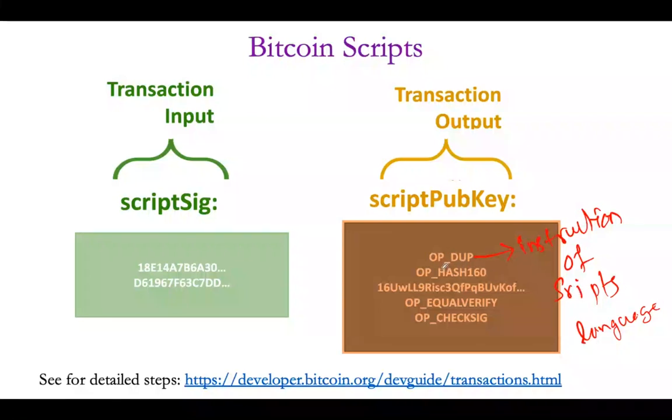When this instruction is issued, it duplicates the top of the stack. And if you have the instruction OP_CHECKSIG, it takes a public key and signature and validates the signature of the hash of the transaction. If it matches, then true is pushed onto the stack, otherwise false will be pushed onto the stack.